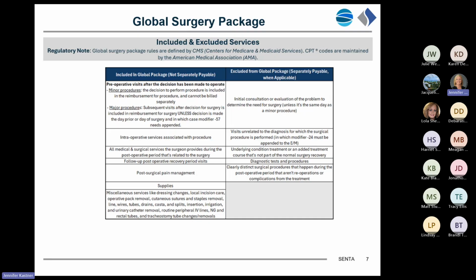These services include the initial consultation or evaluation of the problem to determine the need for the major surgery, visits unrelated to the condition that required surgery, and I'll cover that more in a minute, underlying condition treatment or an added treatment that's not part of the normal surgery recovery, diagnostic tests and procedures, including diagnostic radiological procedures, and clearly distinct surgical procedures that happen during the postoperative period that aren't reoperations or complications from the treatment.